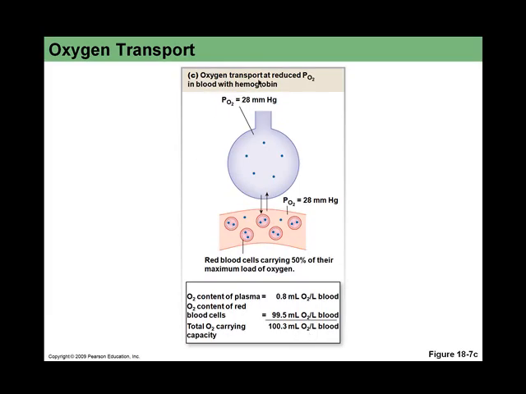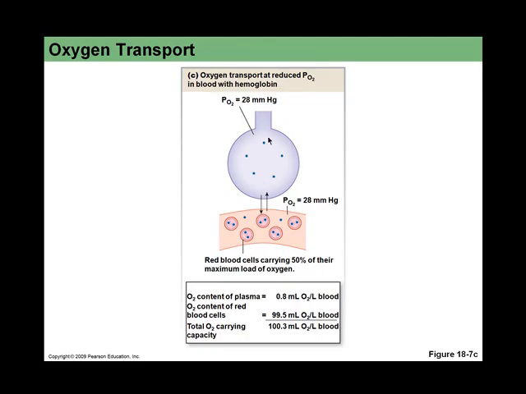Okay, the oxygen transport at the reduced PO2 in the blood with hemoglobin is shown in this slide. So we have the reduced PO2 to 28 millimeters of mercury in the alveolus. Then what you end up with is equilibrium at the interface with the pulmonary circuit. So here you're actually going to lose oxygen.